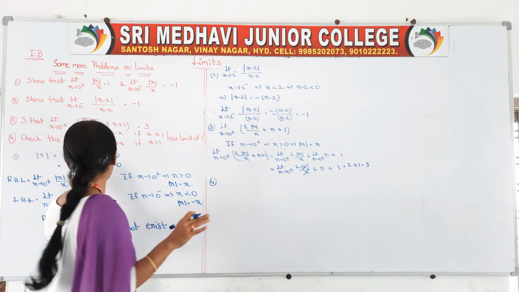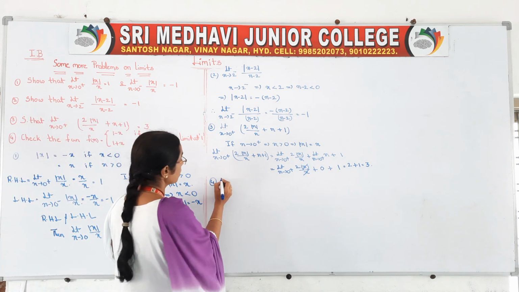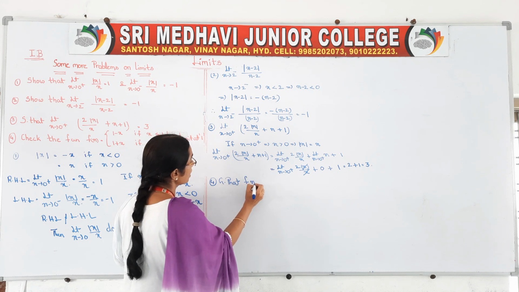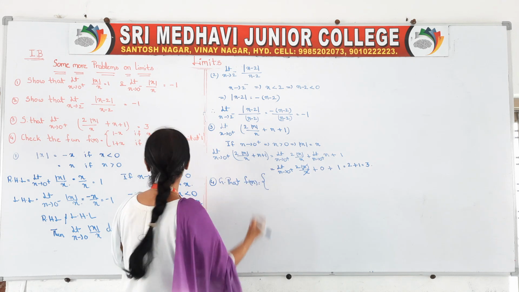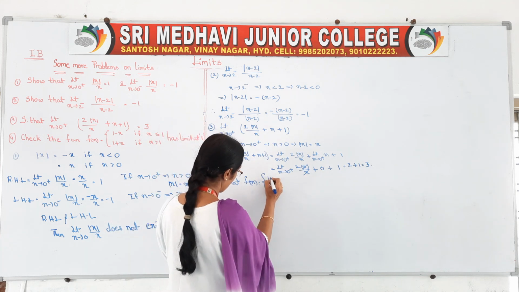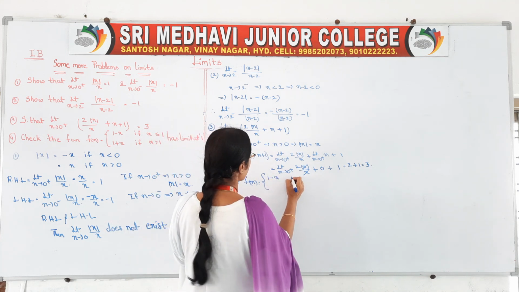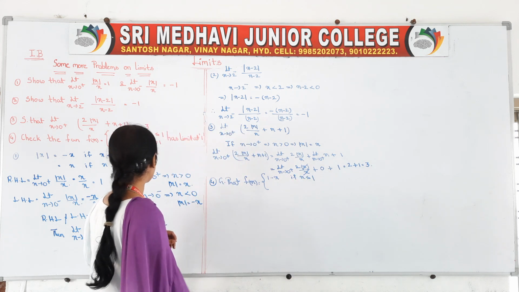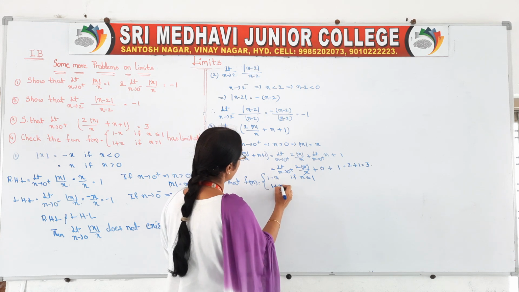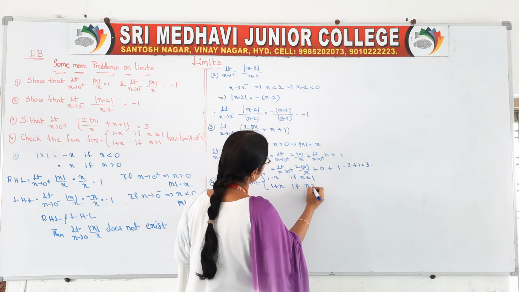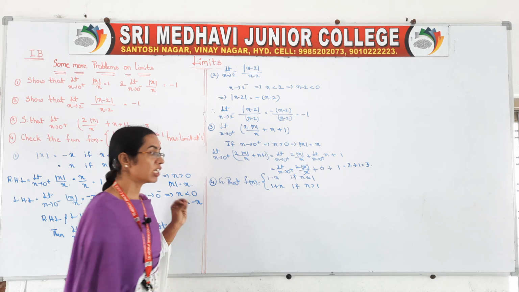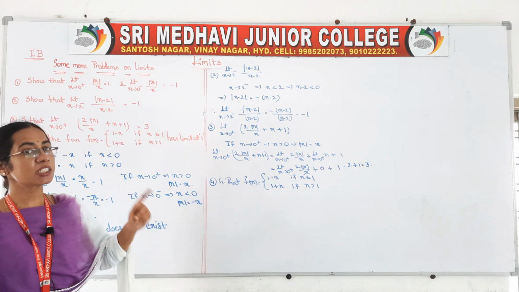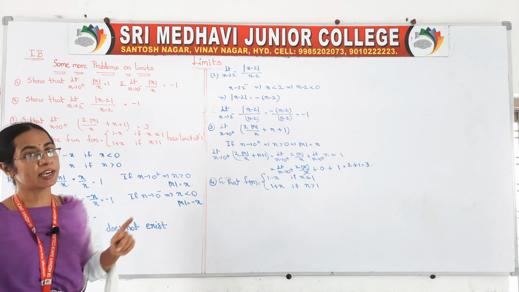Okay, so what is the given function? F of x is equal to 1 minus x if x is less than or equal to 1, next 1 plus x if x is greater than 1. We have to check whether this function is having a limit at x equal to 1.